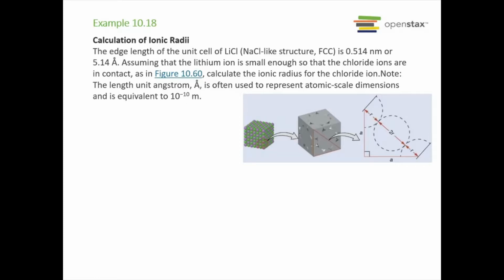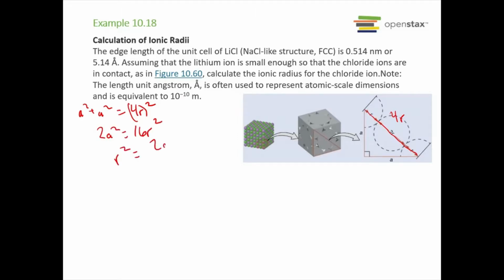Okay, so we know that this is a face-centered cubic. We looked at the face-centered cubic before, where the cross-section was a total of 4R, and we know that the sides A on the unit cell are the same. So we're going to go to the Pythagorean theorem again. A squared plus B squared equals C squared. In this case, it's A squared plus A squared equals 4R squared, and we are solving for R. 2A squared equals 16R squared.